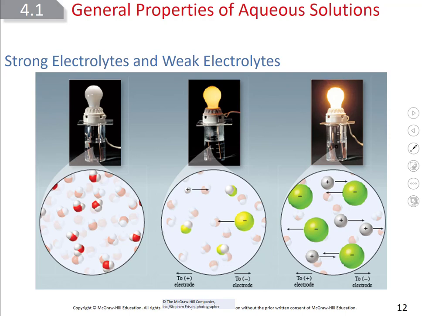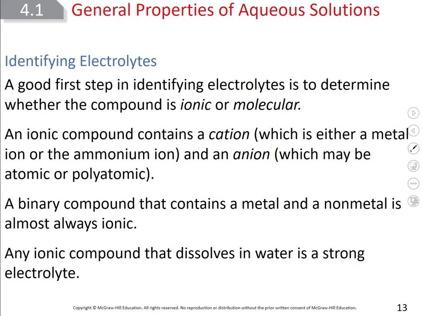Now the light bulb lights up nice and bright. So that's an example of strong electrolytes versus weak electrolytes versus non-electrolytes. By the way, if I had taken this water solution and dissolved something in it that was a non-electrolyte, such as sugar, sucrose, it would still not light up. Nothing would happen. That was the original lab you were going to do this week, with little light bulbs, to see if they light up in different solutions. But we'll have to do that next week.